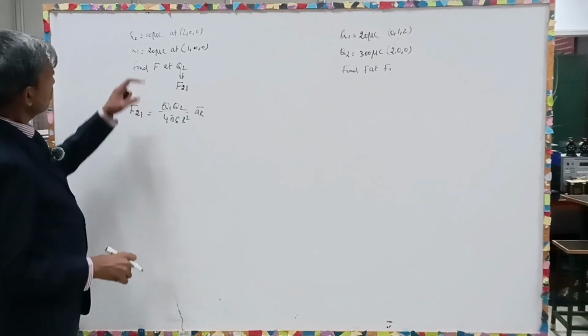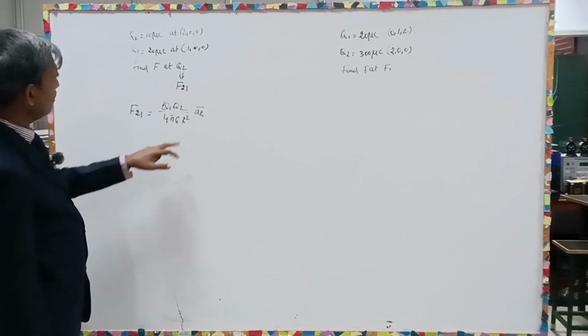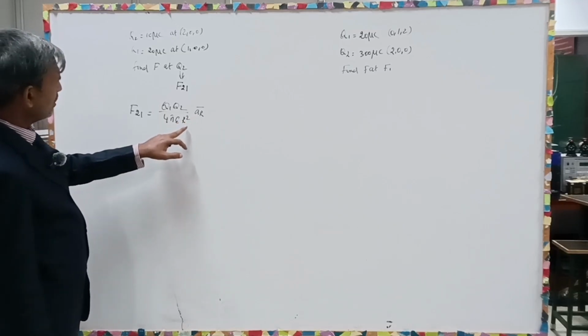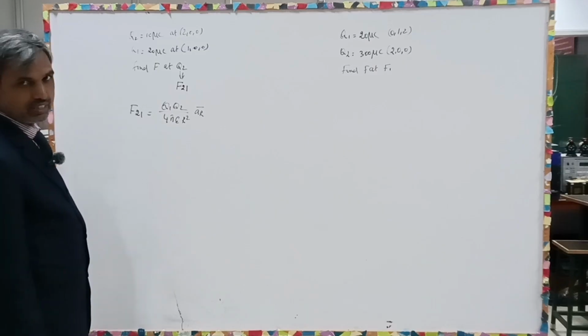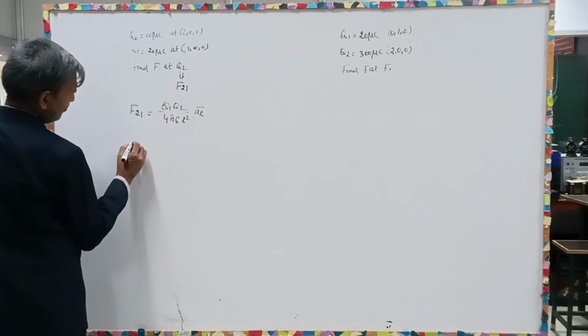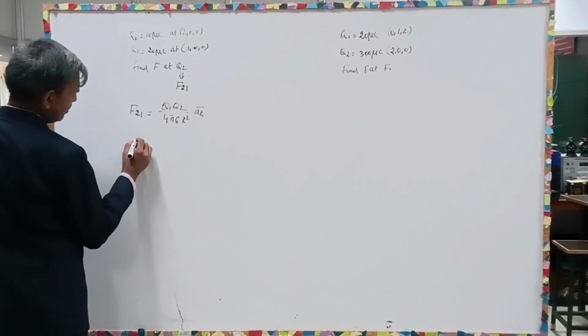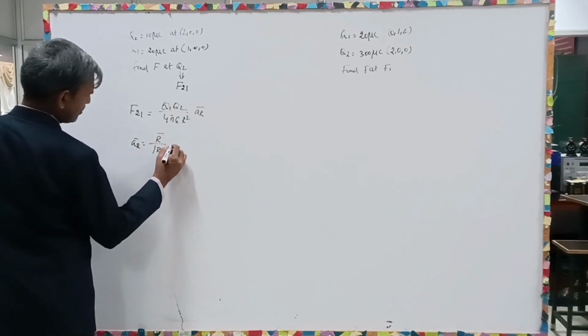Now Q1 Q2 are already given in the problem, but the distance between these two point charges is not given. We are going to find the distance first. First we find the unit vector aR is equal to r vector divided by modulus of r.